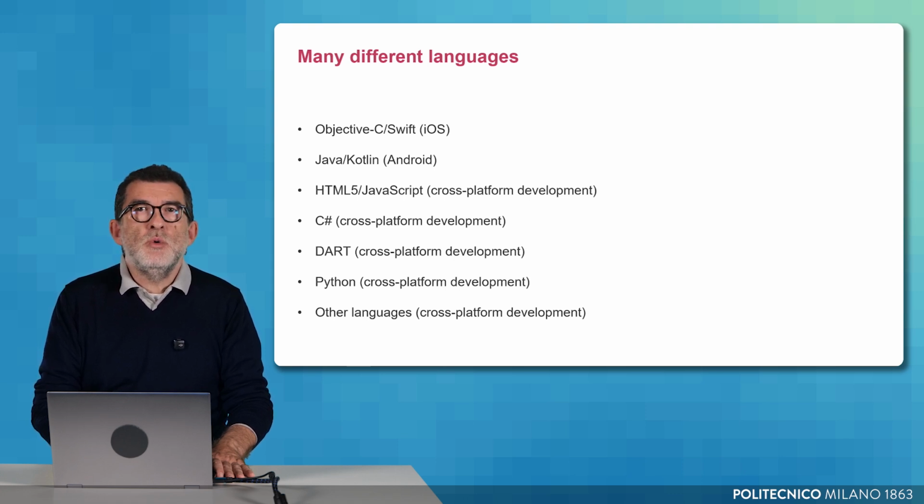Flutter, created by Google, relies on the Dart language and has quickly become one of the most popular cross-platform frameworks. Although there are experimental efforts to support languages like Python for mobile development, these are not yet widely adopted in the mainstream mobile ecosystem. It's now time we start focusing on Flutter.